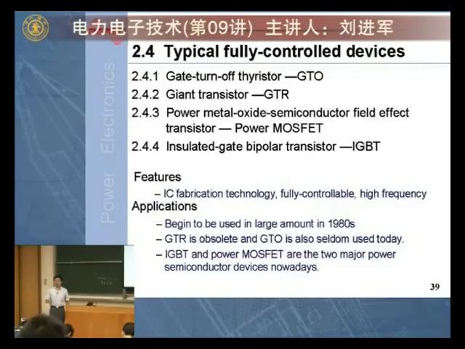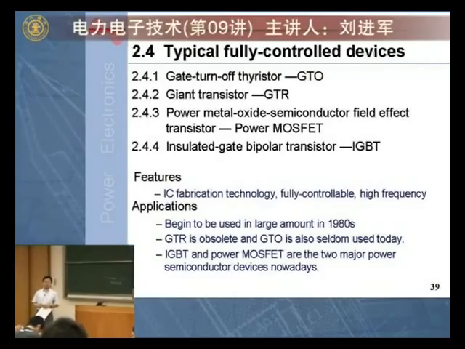If you still remember when we discussed the history of power electronics, we mentioned that the history of power electronics is always developing, always evolving with the development of new devices.